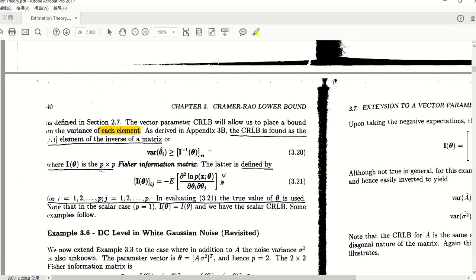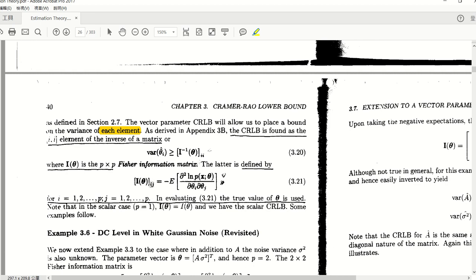Then the Fisher information matrix is defined this way. I of theta, and we define its ij element because we want to define each element for the matrix. Then once all the elements are defined, the matrix is defined.